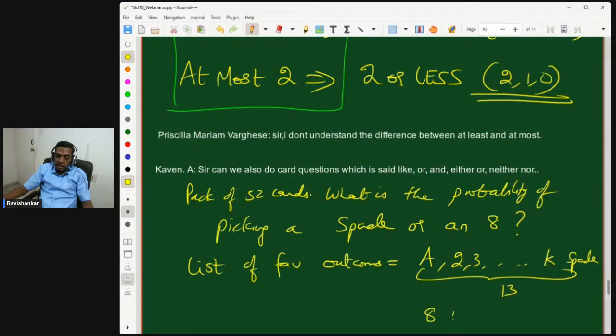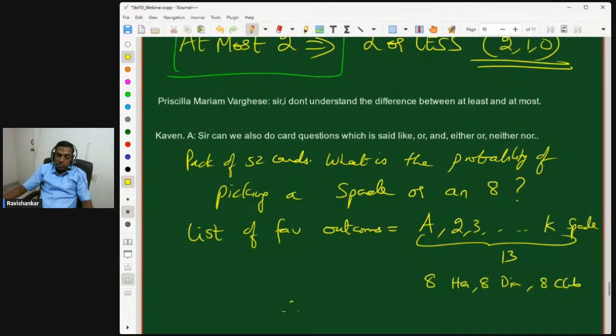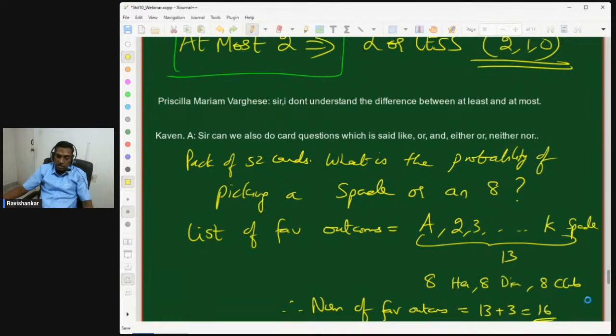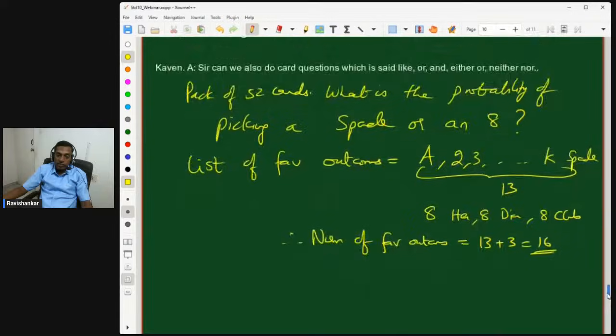Then 8 hearts, 8 diamond, and 8 clubs. 8 spade is already here. So number of favorable outcomes is equal to 13 plus 3, which is 16. This is the key. This is the kind of thing that you may have to be comfortable with, Kavin.